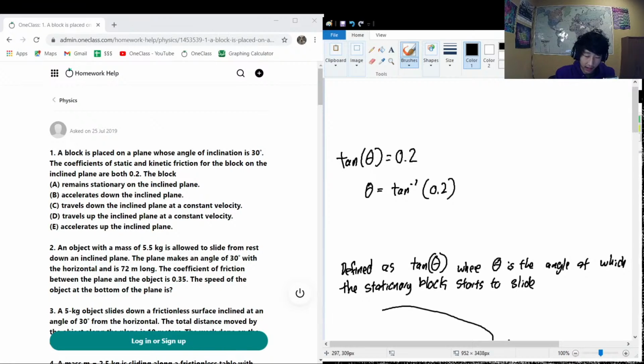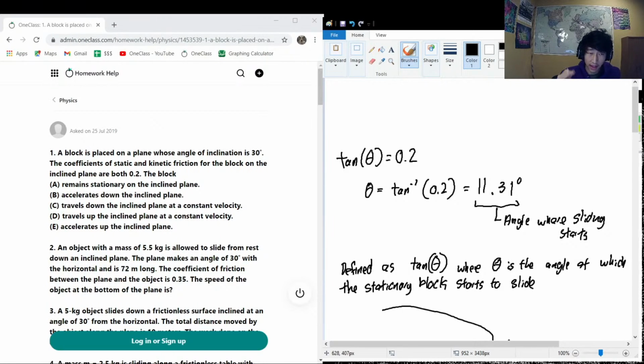Now asking my handy dandy calculator to figure that out for me, tan inverse of 0.2 is 11.31 degrees. Angle where sliding starts.